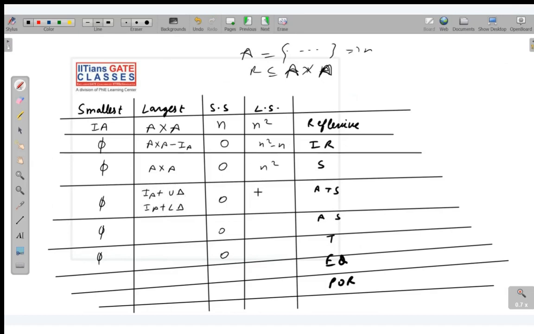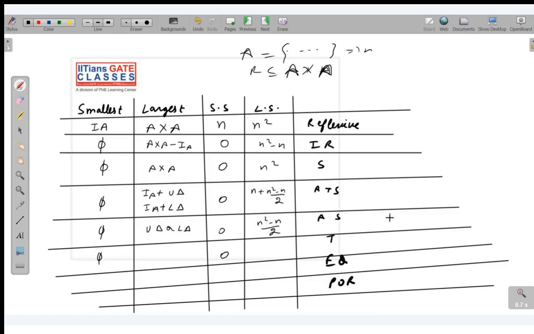So largest size will be n plus (n square minus n)/2. Any doubt? Okay, what about asymmetric? For asymmetric, you will say only the upper triangular region or the lower triangular region. We cannot have the identity relation in that, because asymmetric will never allow self loops. So largest will be (n square minus n)/2.